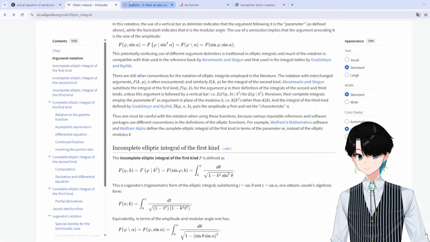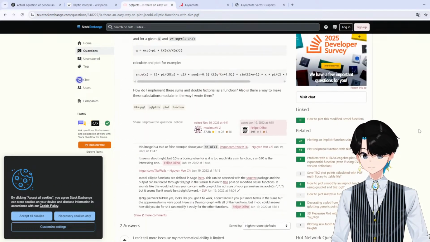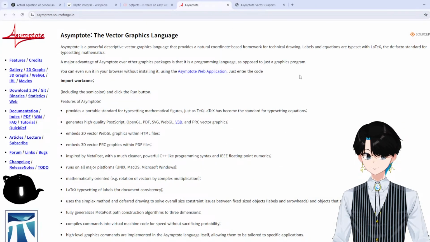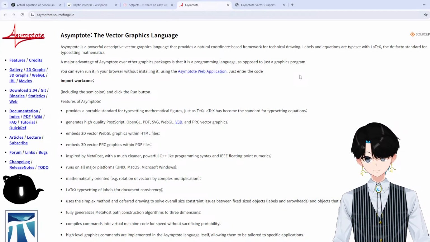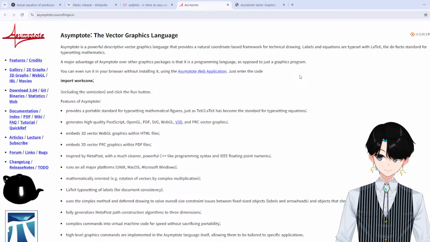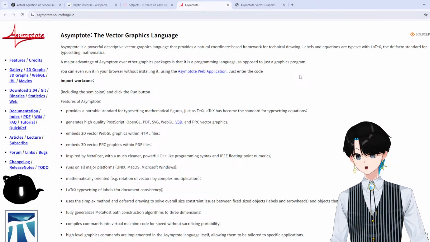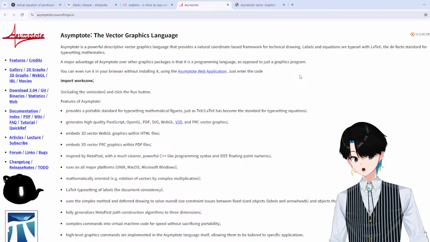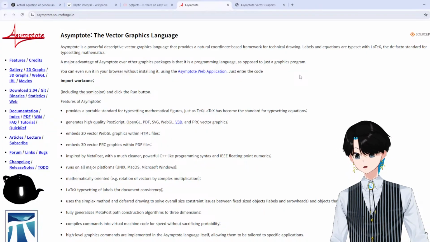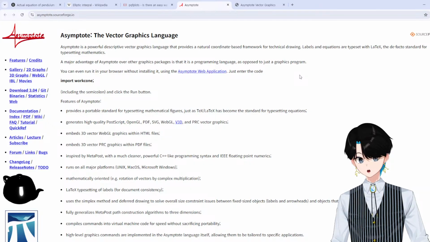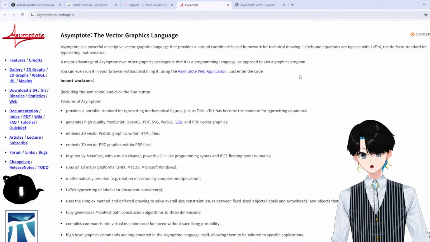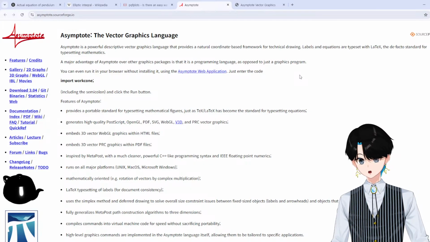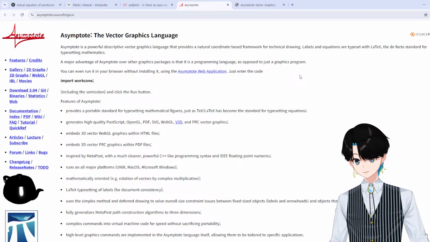Asymptote is a powerful descriptive vector graphics language that provides a natural coordinate-based framework for technical drawing. Labels and equations are typeset with LaTeX, the de facto standard for typesetting mathematics. A major advantage of Asymptote over other graphics packages is that it is a programming language as opposed to just a graphics program.